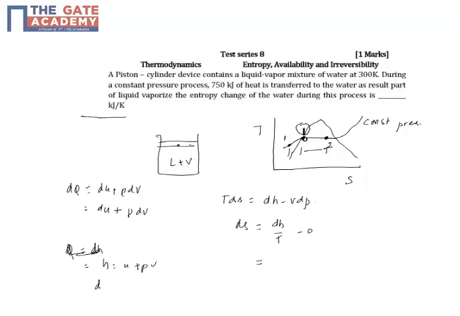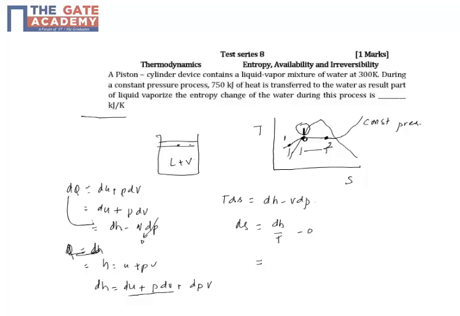If you differentiate on both sides, you get p dv plus v dp. Since it's a constant pressure process, du plus p dv is dh minus v dp, and this last term is 0.